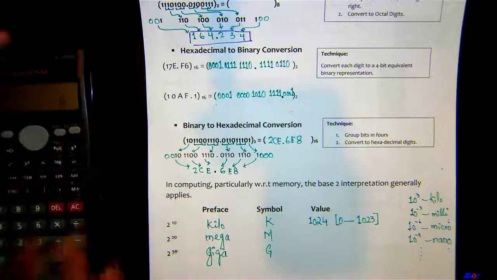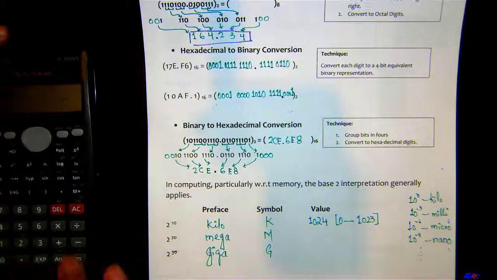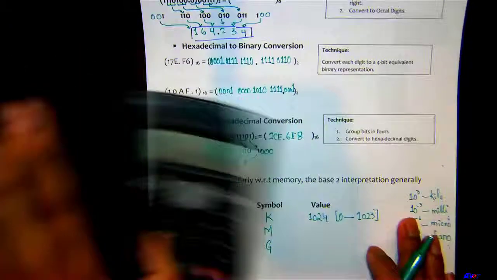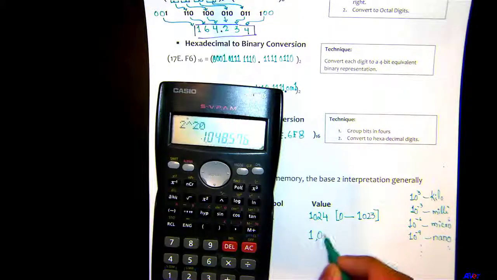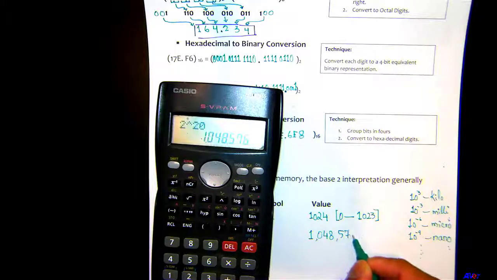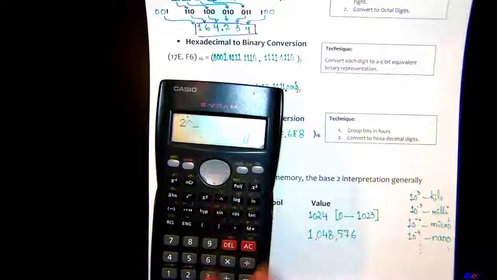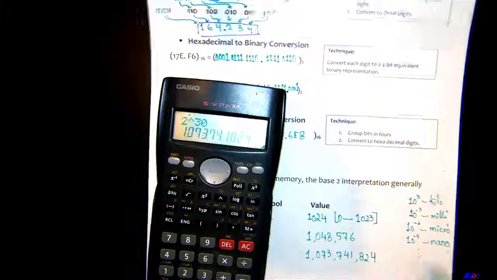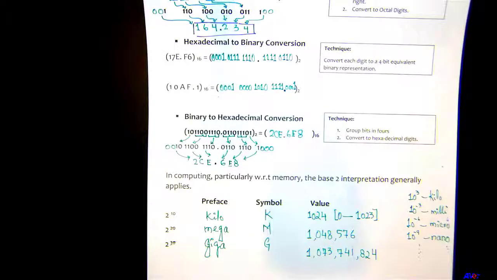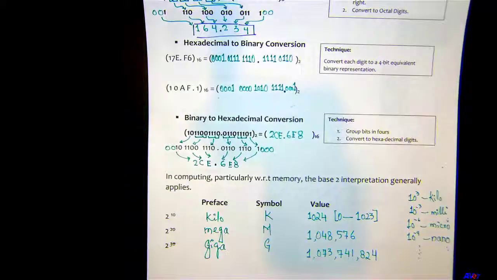To the power 20. So I got 1048576, and to the power 30, it's going to be 1073741824. Okay.